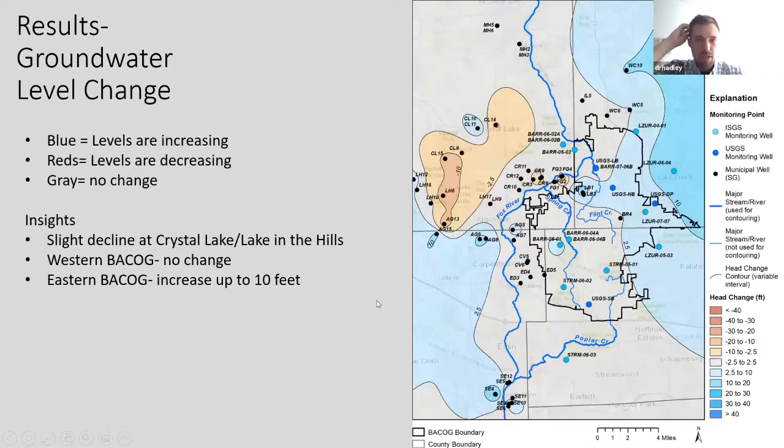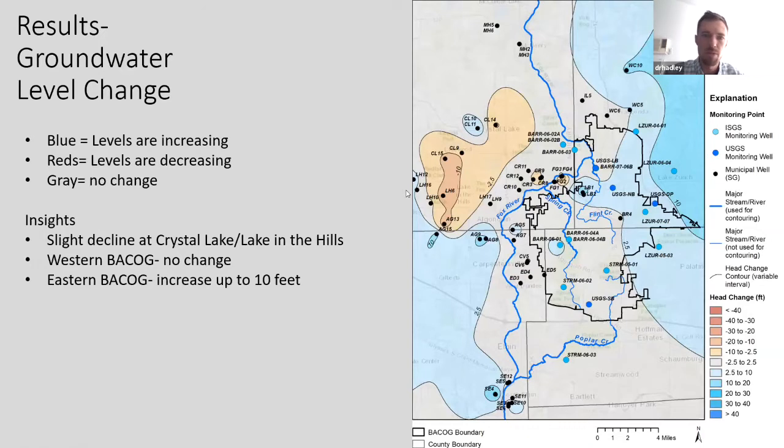So then we could take these maps of water elevation and see how they've changed through time by simply subtracting them from one another. We did this for 2014 to 2016, and then again for 2017 to 2019.